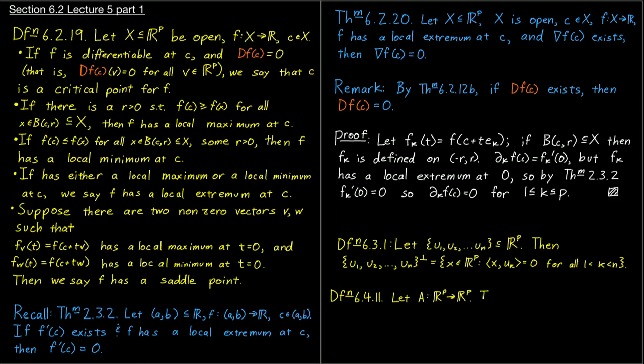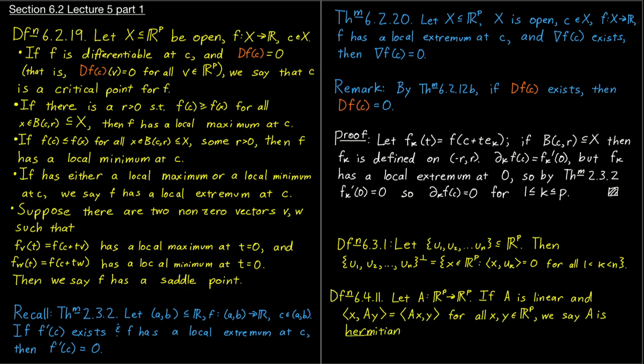If A is linear, and we have the following equation, the inner product of x with Ay is always the same as the inner product of Ax with y, for all x, y in Rp, we say that A is Hermitian, or self-adjoint.